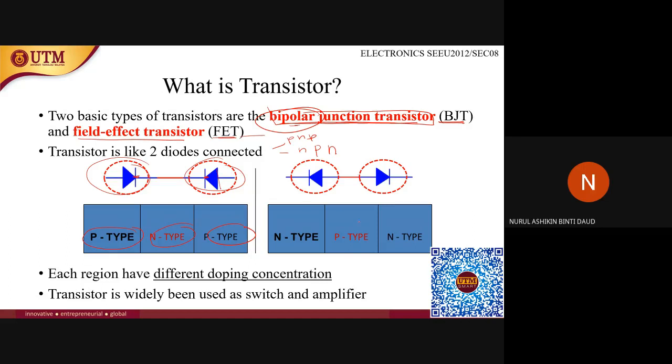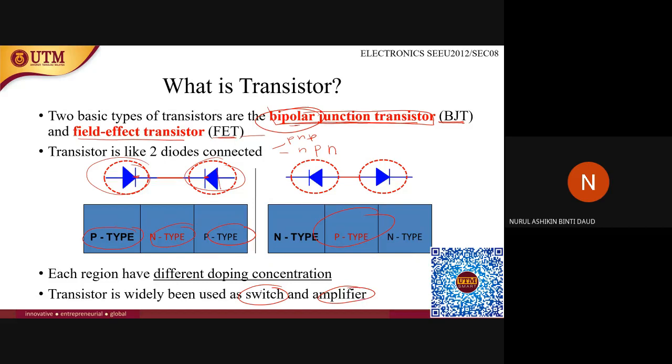For NPN, the middle will be the P type. Each region has a different doping concentration.